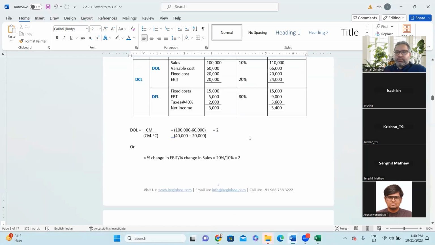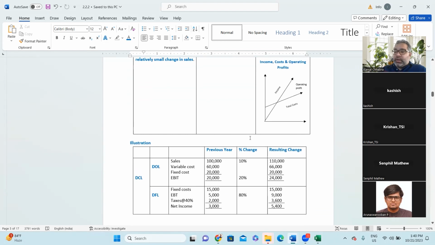Clear? So one thing is understanding the formula. Second important thing which as a CPA is very much required is application of these formulas. Most of the time students mug up the formula, but they get confused when it comes to the application of the formula.